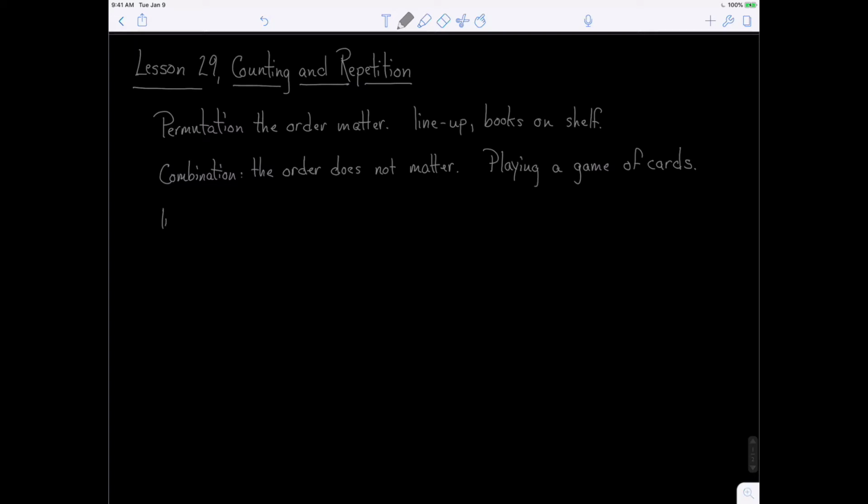So in mathematics, a word is an arrangement of characters.